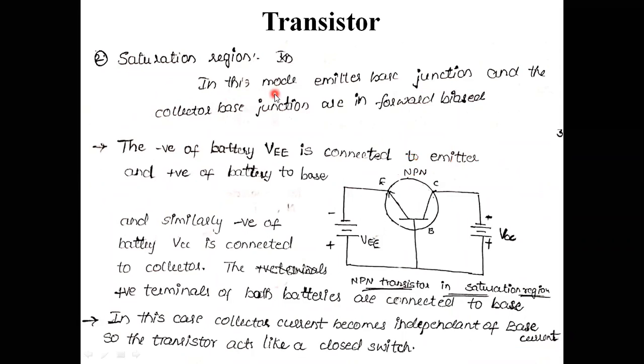in this mode of operation, emitter base junction and collector base junction are both in forward bias condition. The n-type semiconductor material is connected to negative and the p-type is connected to positive, here as well as here. That means this region as well as this region are both in forward bias.